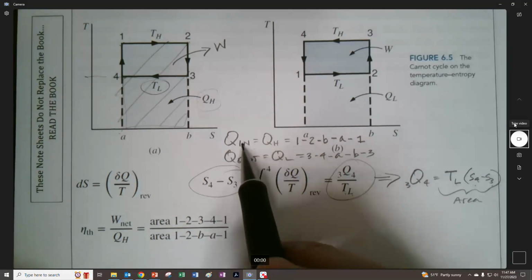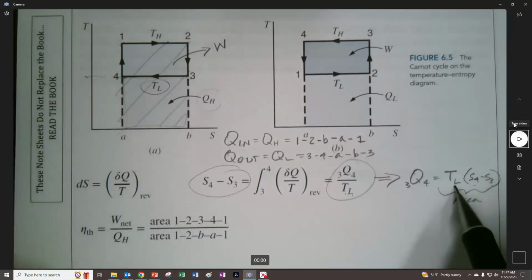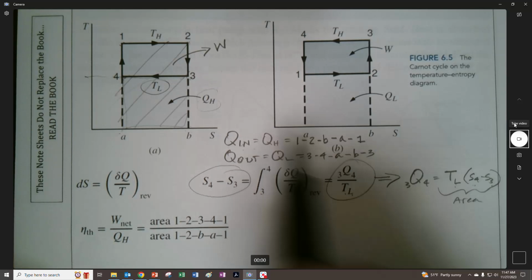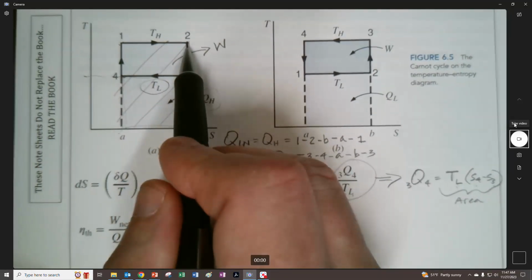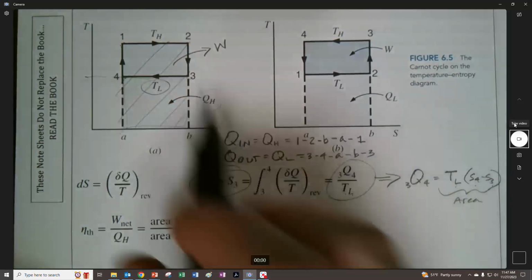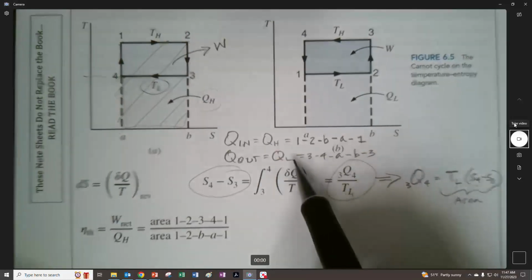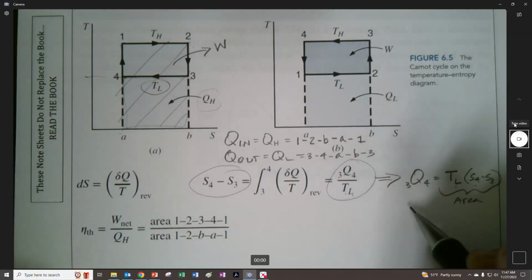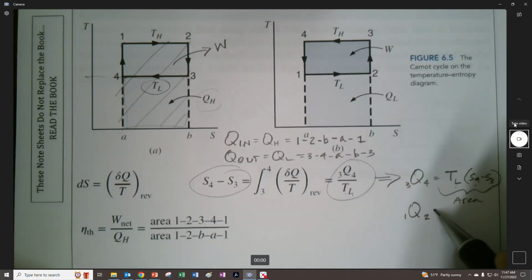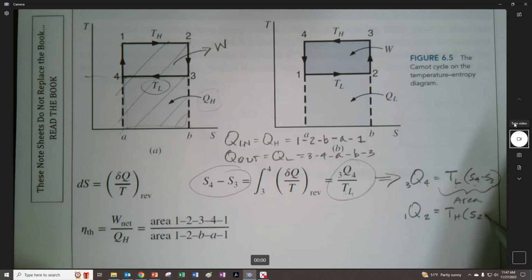That this right up here would be TH times S2 minus S1, right? So that's QH, or we could go Q, I guess 1 to 2 is going to be TH times S2 minus S1, right?